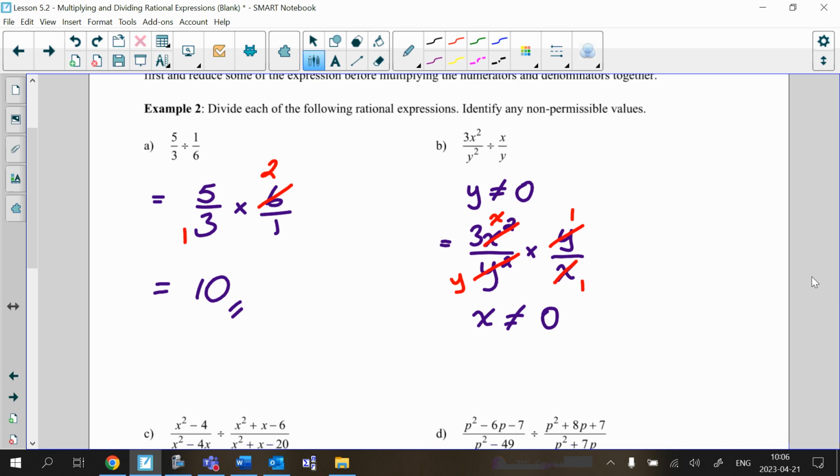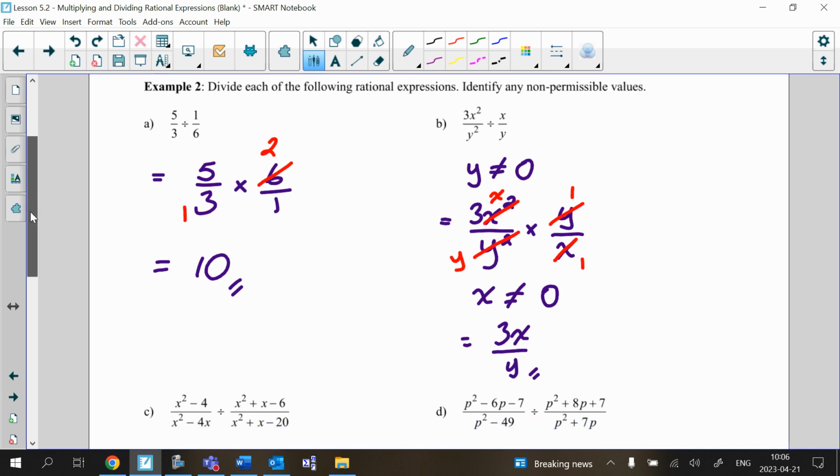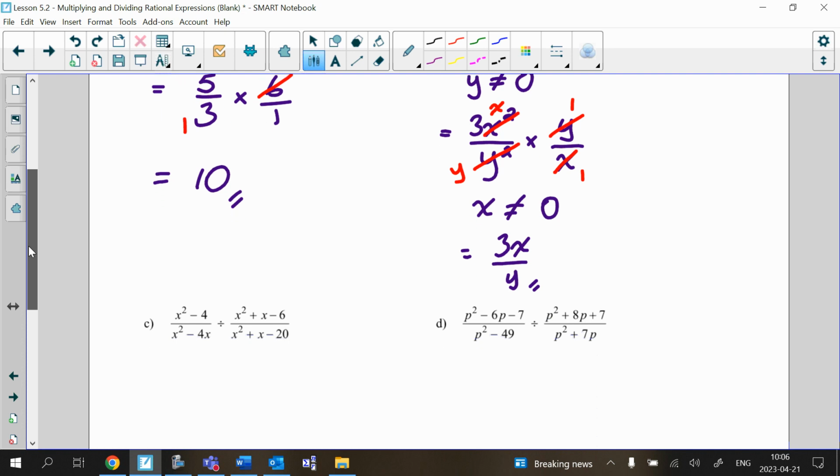All right, these next two are going to take a fair amount, because we have to remember everything we need to do. Before I start stating NPVs and flipping and reducing, I want everything factored. I'm going to leave it as a division question.